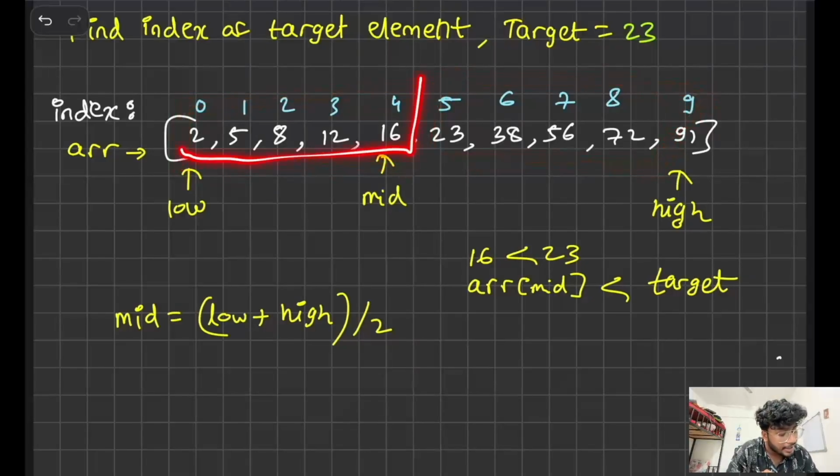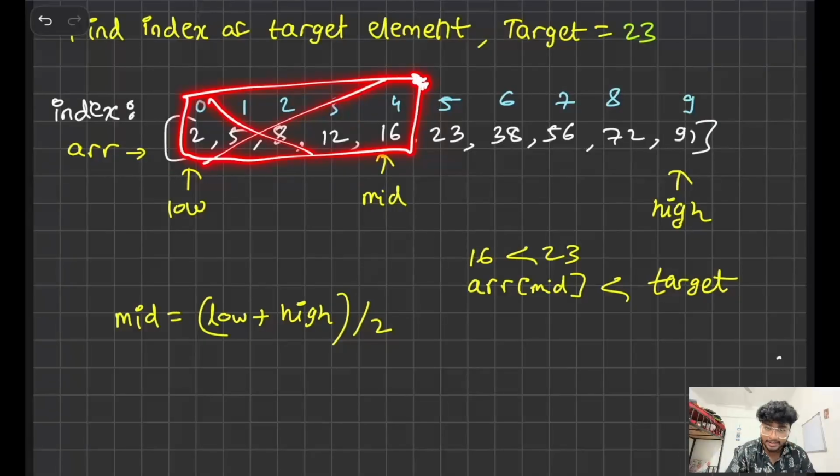So I can say that my target does not lie here, as 16 is lesser than my target. All elements lesser than 16 would also be lesser than my target. So we can eliminate this half entirely.